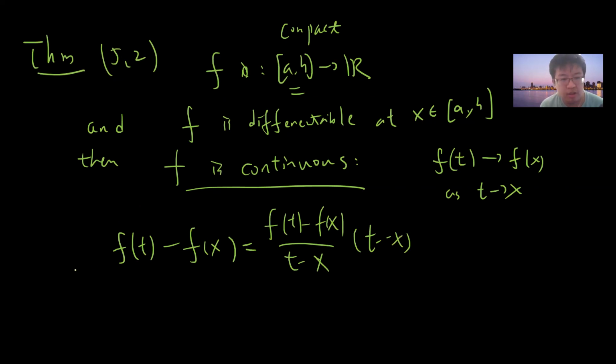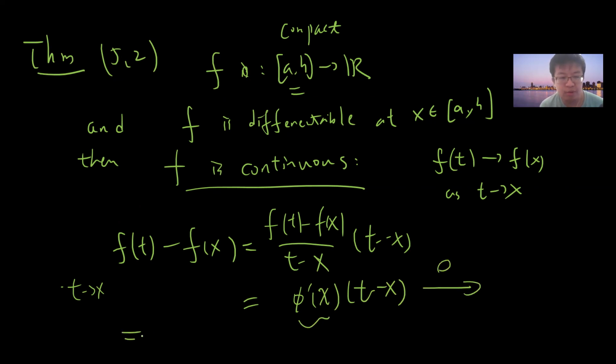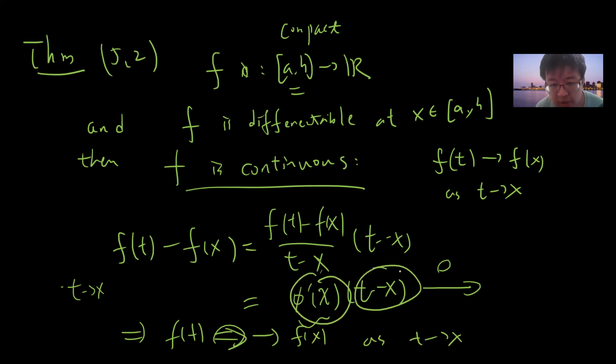If t approaches x, the right-hand side becomes f prime of x times (t minus x). This f prime of x is just a finite number, and t minus x approaches 0. So you prove that f of t approaches f of x as t goes to x, because this factor exists and this factor is 0.